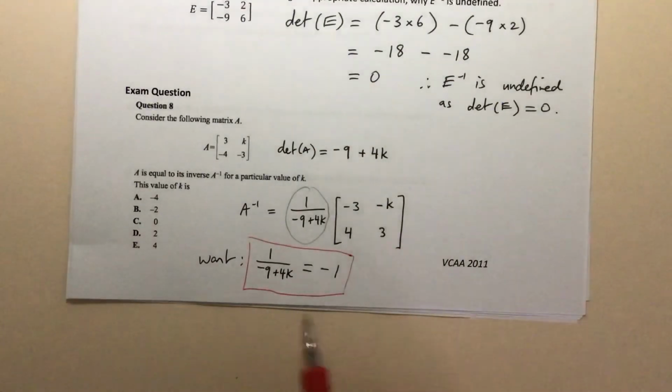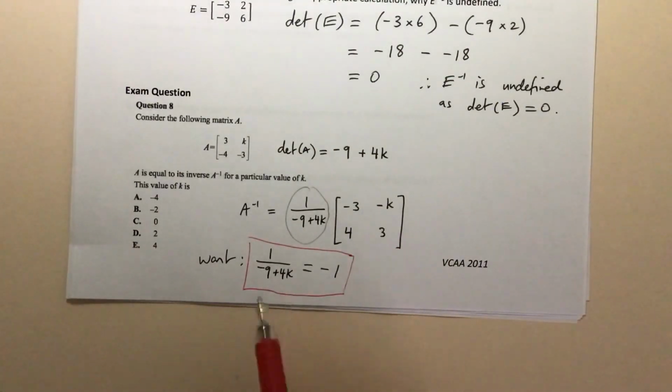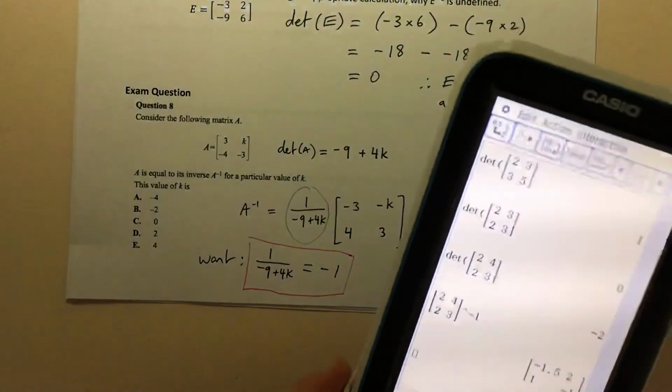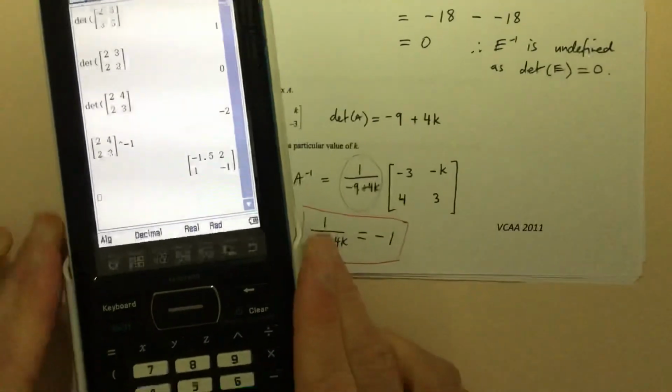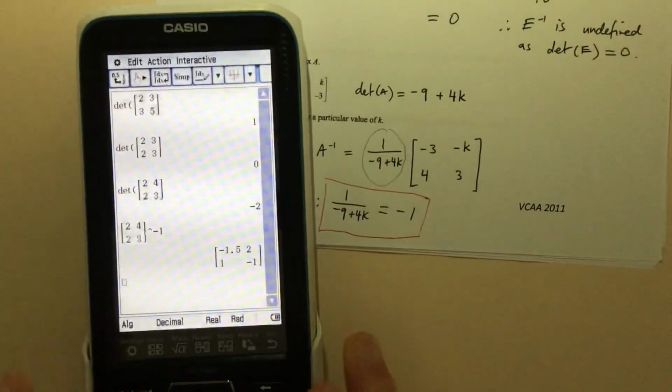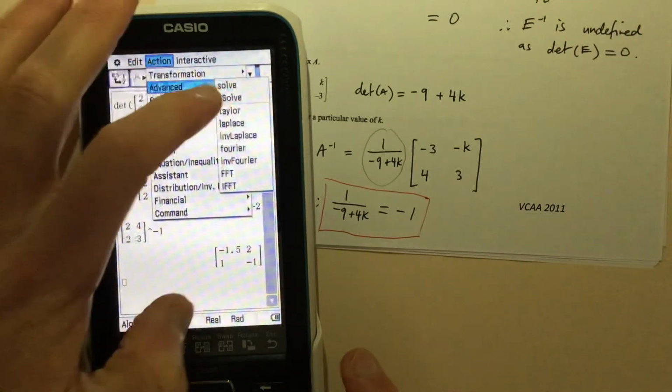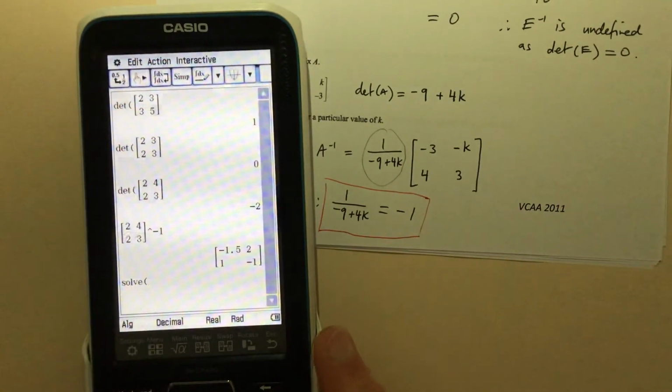We could try to solve that for K manually, but I reckon let's just chuck that into our calculator. Anytime you're trying to find an unknown that's buried somewhere in an equation, go to solve.